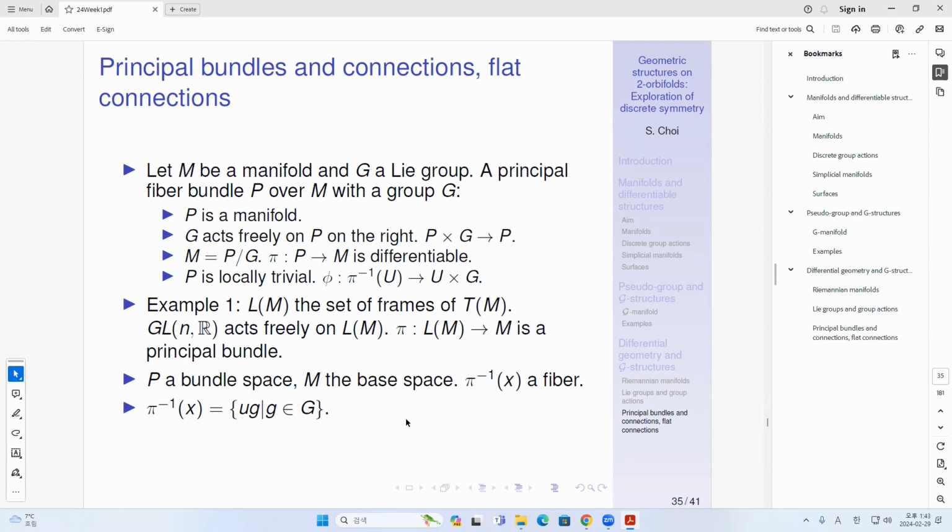So pi inverse of x will just be u times g for g in G. So u is some element, and if you do the right action by all the elements, this will give you all the elements of pi inverse of x, because M is actually just a quotient space. Okay, so that's the idea here.